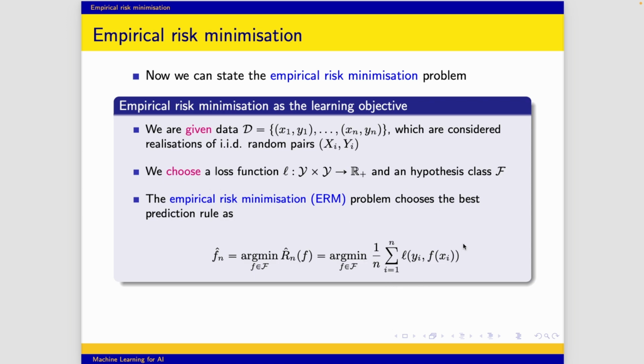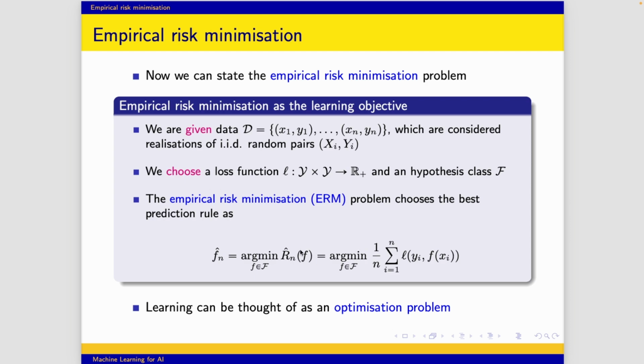And explicitly, we are minimizing this realization of the empirical risk. So we are finding the function f only in this hypothesis class that minimizes this arithmetic mean of these realizations of the loss, or the empirical risk, realized empirical risk for this data set that we have.